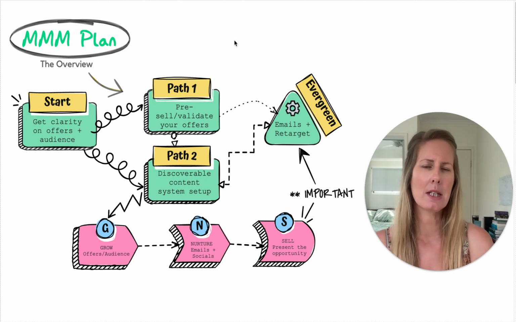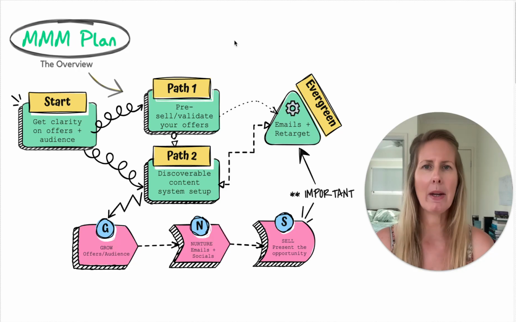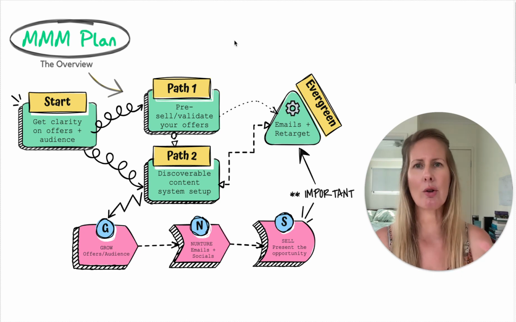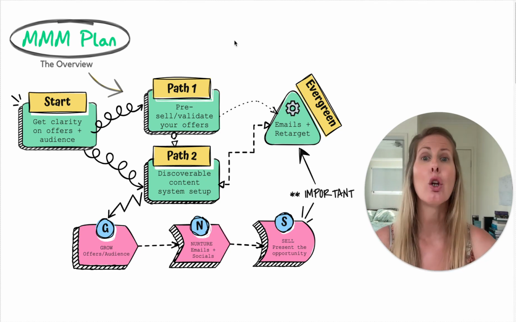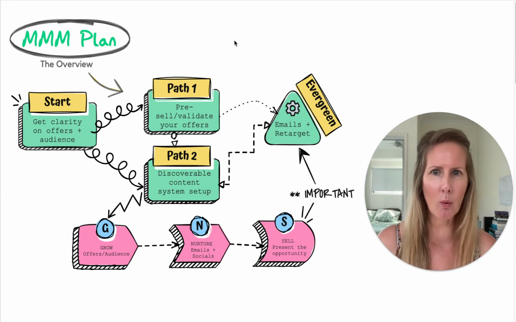Because when we get to this discoverable content system, we want to be creating content based on our offers. So this is not about having to create content every single month. Once you've got an offer, you might only create 2 or 3 pieces of long form content, and then you're good to go, right? You don't need to keep recreating all the things.